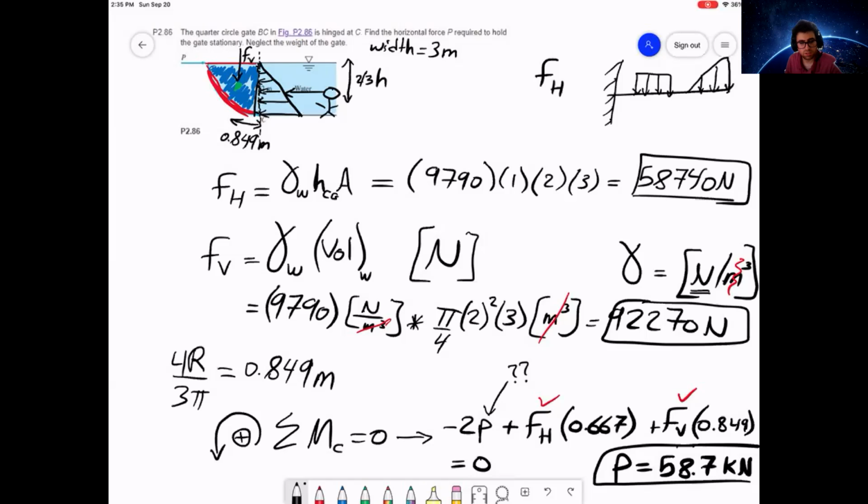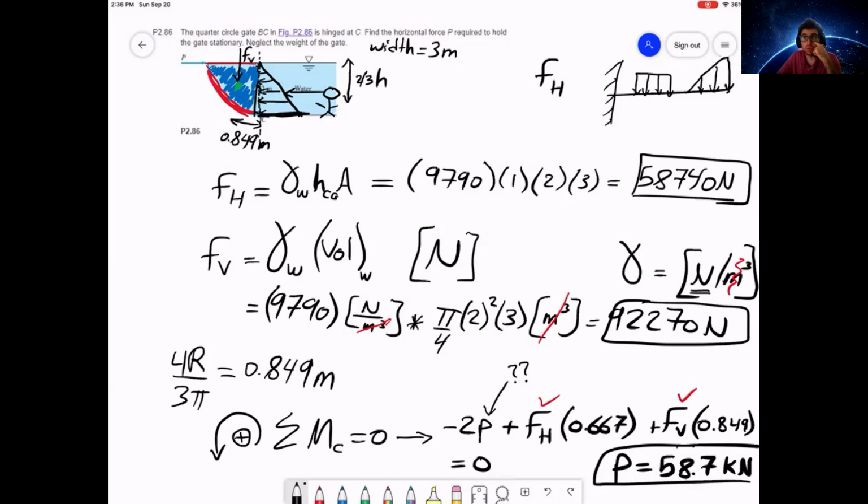So if they ask, for example, what is the pressure on the bottom of this system? How do you calculate the pressure here? Do you just use the regular pressure equation?